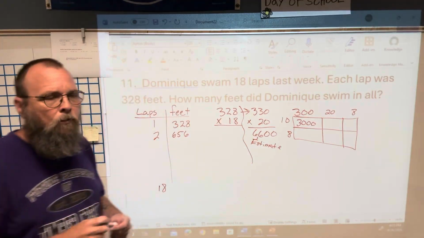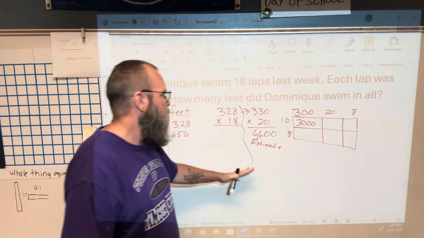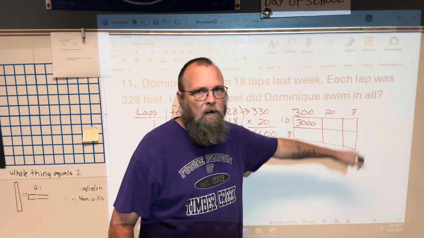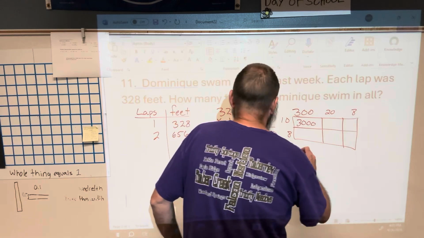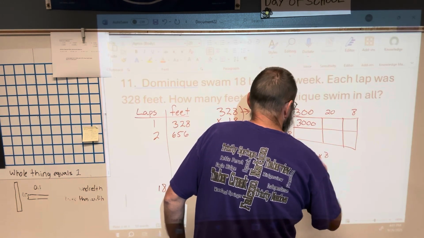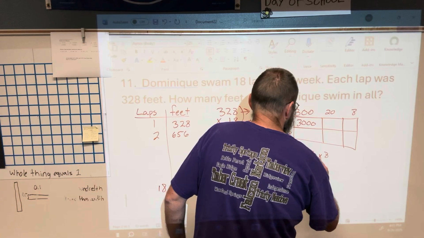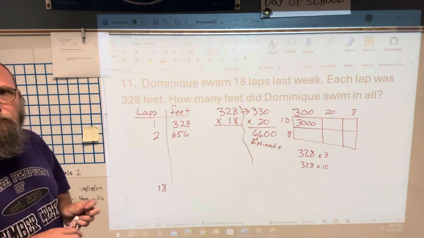Okay, so I can go through that, do that all together, and then add each of these 6 boxes together. I could also go 328 times 8 and 328 times 10. So that's different ways I could do it.